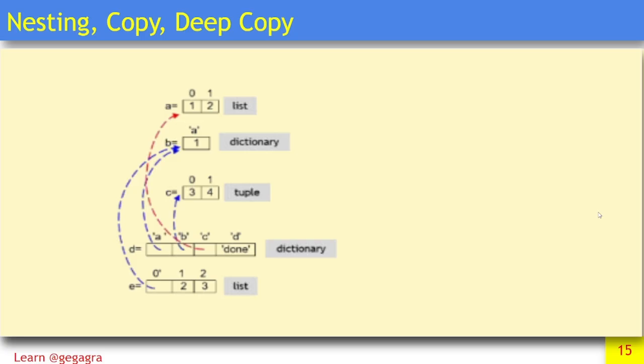A is a list because within the list the first value is 1 and second value is 2. B is dictionary. Here A is the key and 1 is the value. And C is the tuple. On index 0 there is a value 3 and index 1 there is a value 4. So this is tuple.